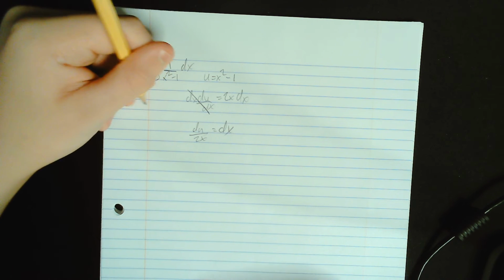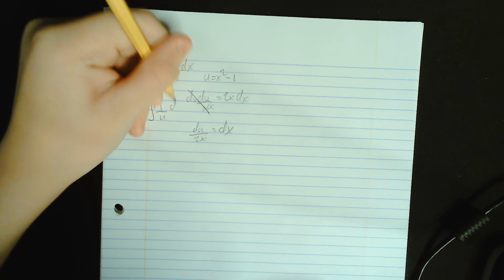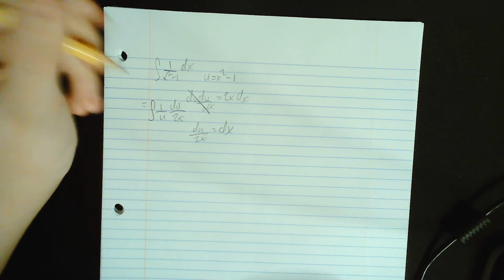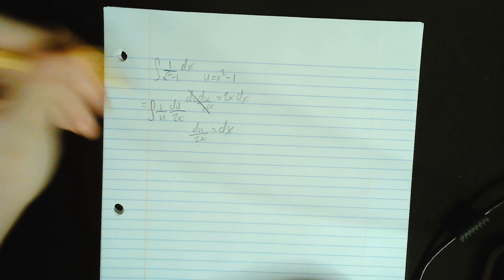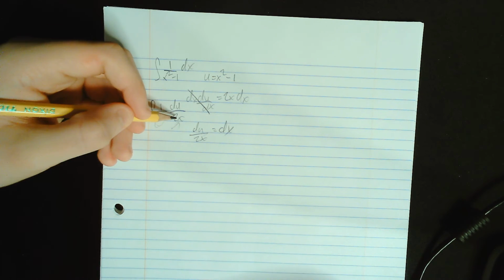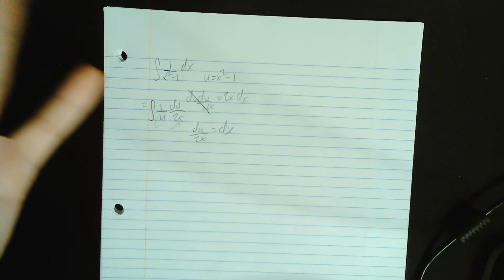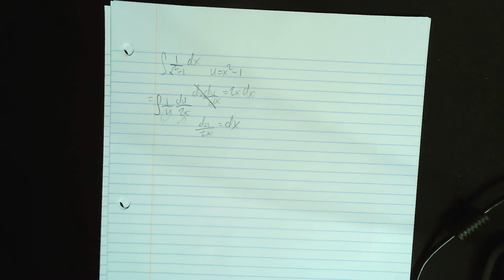Now if we plug this in, we get the integral of 1 over u du over 2x. This doesn't work because we can't have any more x's. It can only be u's. So since there's one x left, it's impossible to solve, or at least it'll give you some weird answers.